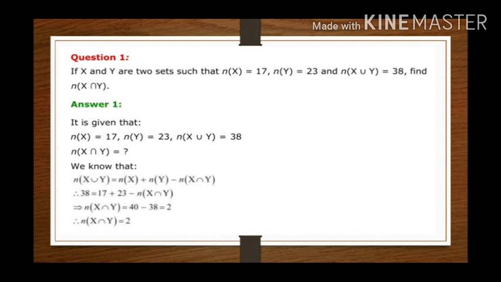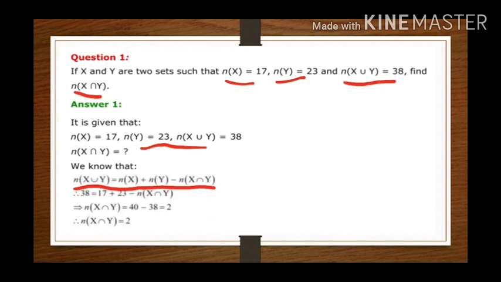If X and Y are two sets such that cardinality of X is equal to 17, cardinality of Y is equal to 23, and cardinality of X union Y is equal to 38, find cardinality of X intersection Y. Okay, so this data is given.